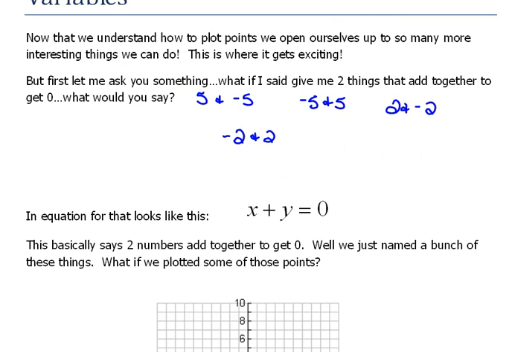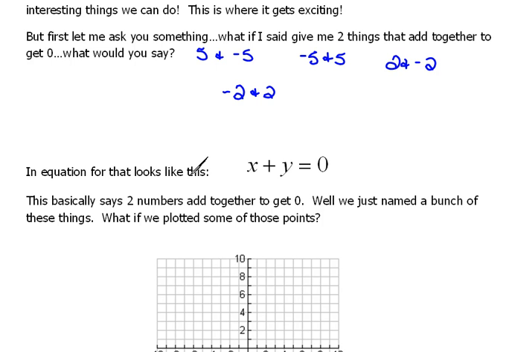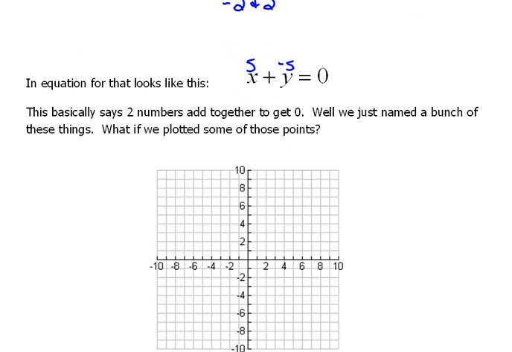Aha. Well, if we're looking at an equation, what I just said, two things that add together to get 0, looks like this as an equation. We are adding two different numbers to end up with 0. Well, we could plug these in. We could say 5 plus -5 equals 0. Remember, whenever we talked about points a while ago, we said that all points come in the form of x comma y.